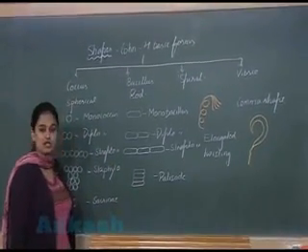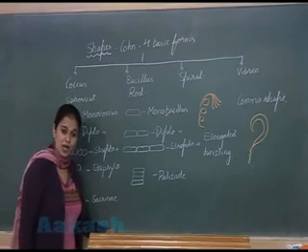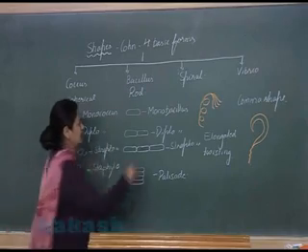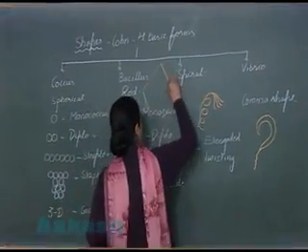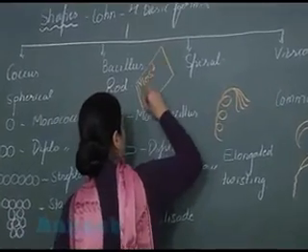Among these 4 shapes, any idea which shape is the most common one? It is bacillus type. So let's write it down here. Among the 4, this is the most common one.